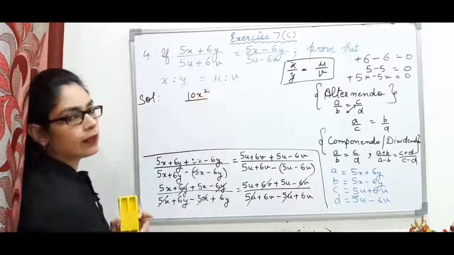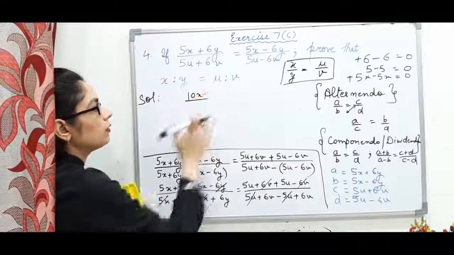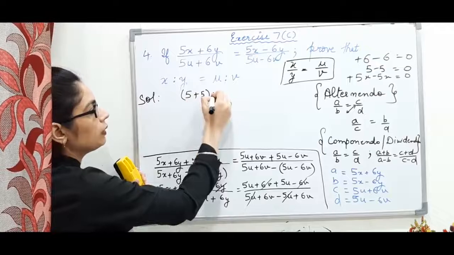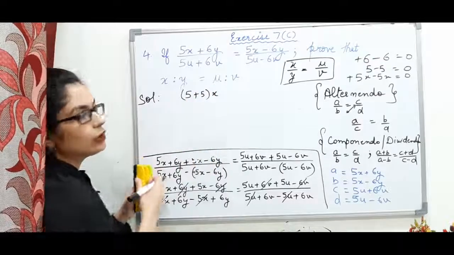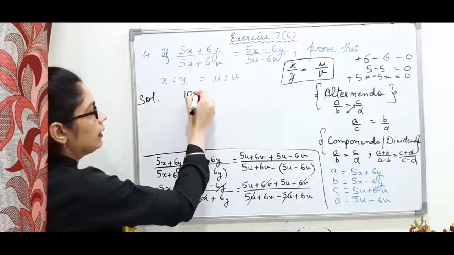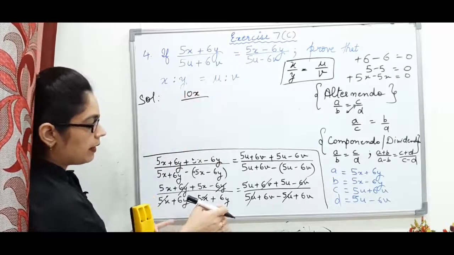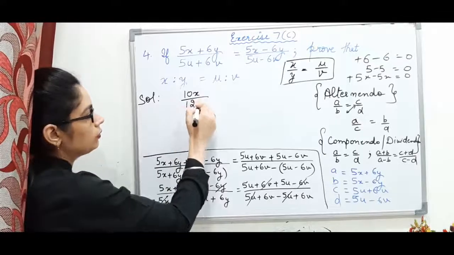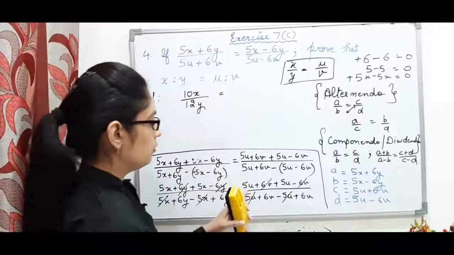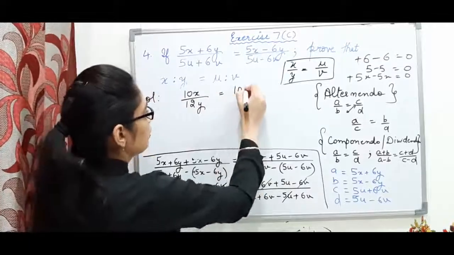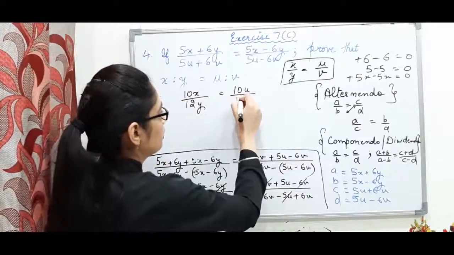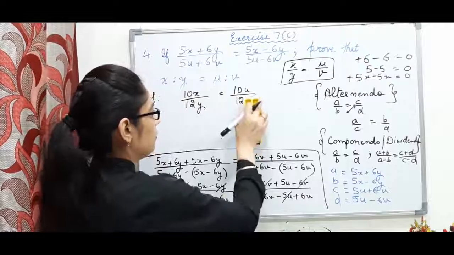Don't write x square here, it will only be x, because 5 plus 5, x is common, so it will become 10x. 6y plus 6y will be equal to 12y. 5u plus 5u is equal to 10u. 6v plus 6v is 6 plus 6, 12v as it is.